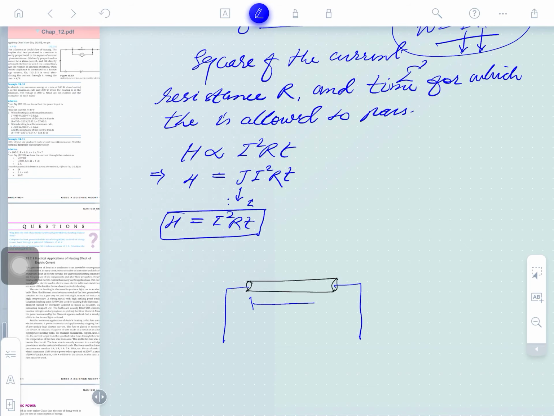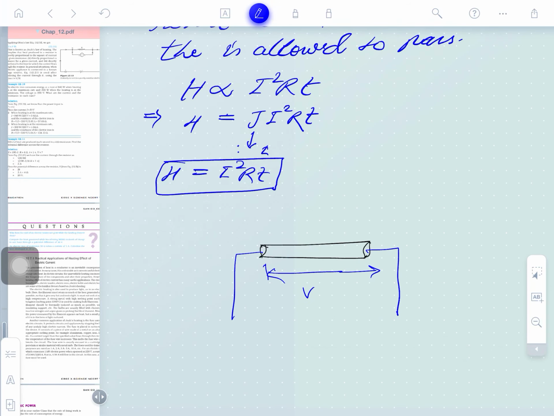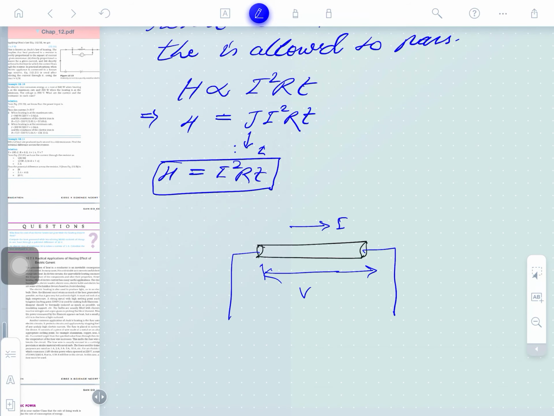So, at the ends of the conductor, the potential difference is V. And the current flowing through the conductor is said to be I. So, heat is VIT, and I square RT, and V square by RT.